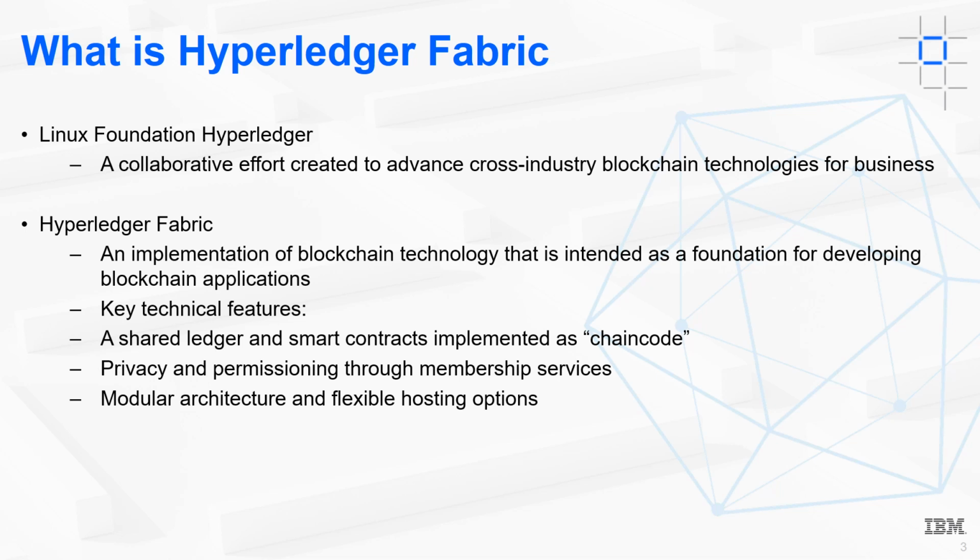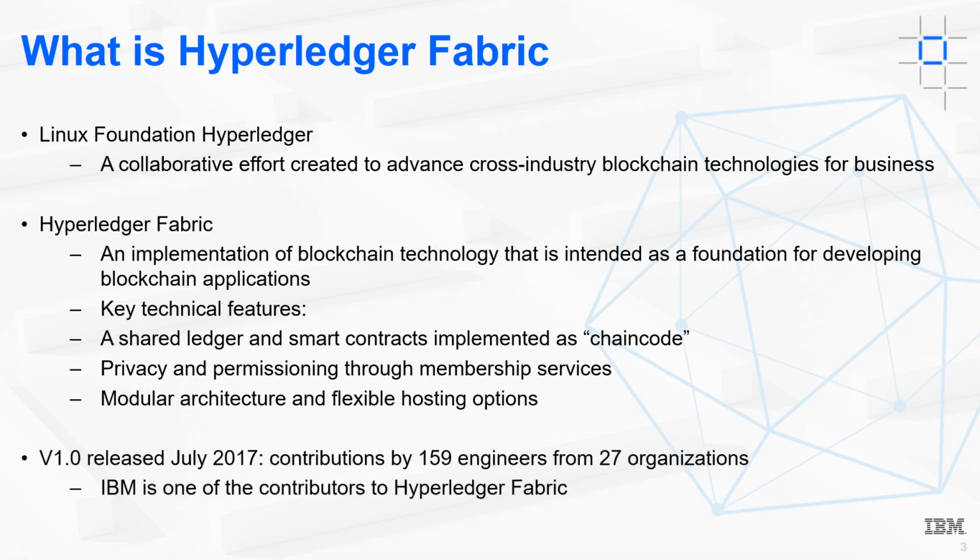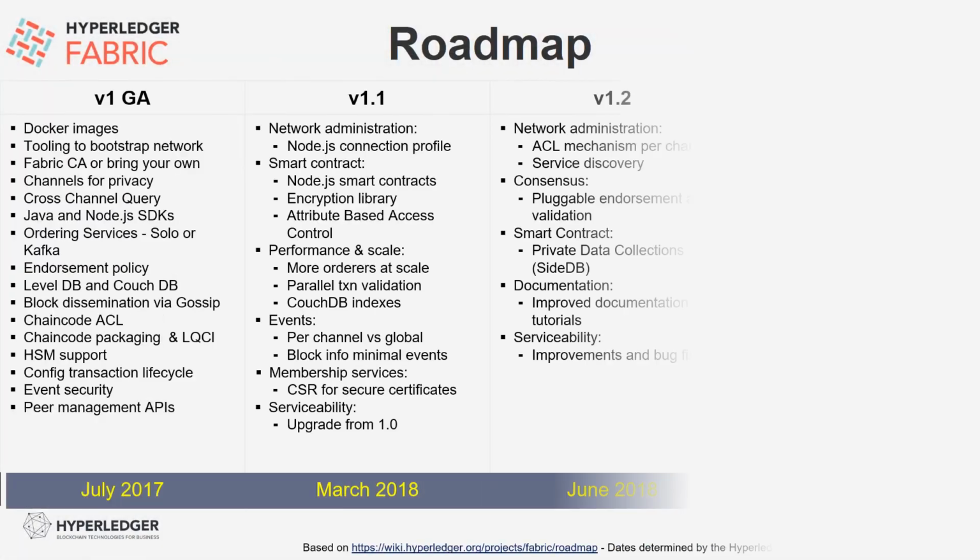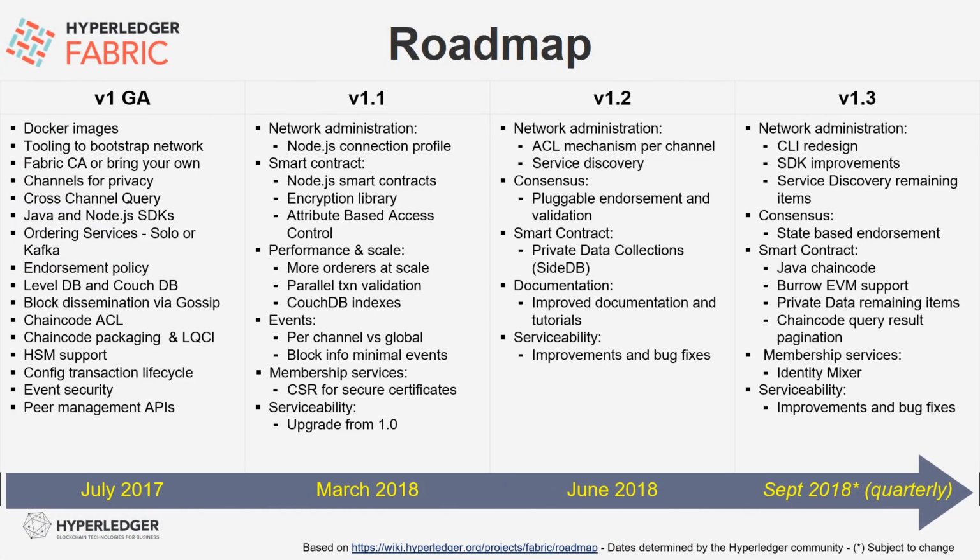Since the first release in July 2017, we now have version 1.2, released in July 2018, with contributions from many engineers at different organizations. This is the roadmap, and we are expecting version 1.3 of Fabric sometime soon.